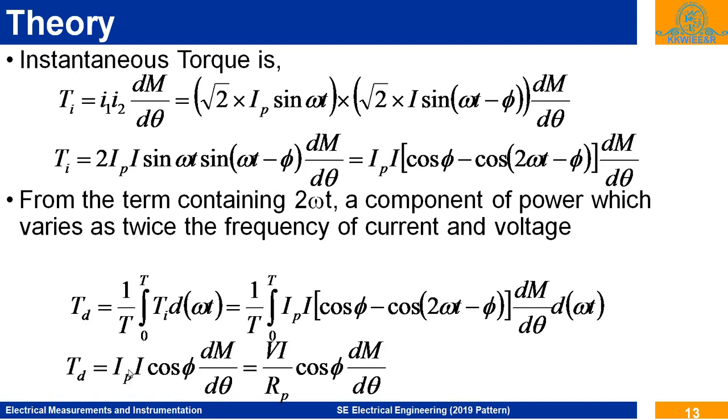Now this Ip, the current through the pressure coil, is equal to V upon Rp, where V is the RMS voltage across the pressure coil and Rp is the resistance of the pressure coil.